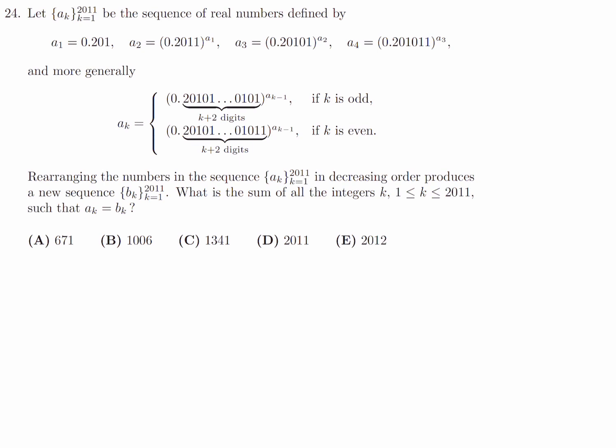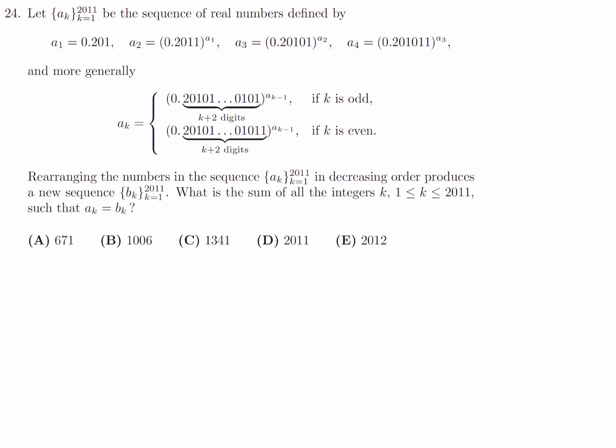Our task in this question is first to get a pattern as to how A1, A2, A3, and A4 behave in terms of how they relate to each other with regard to being greater or less than each other. And then once we have that, then we can reverse them and get BK, and then we see which ones match. Which ones match in terms of AK equal to BK.